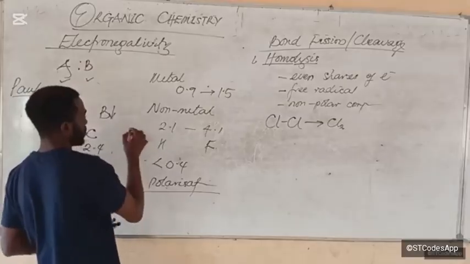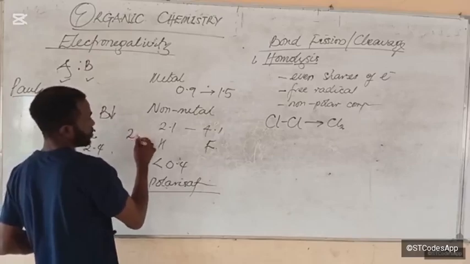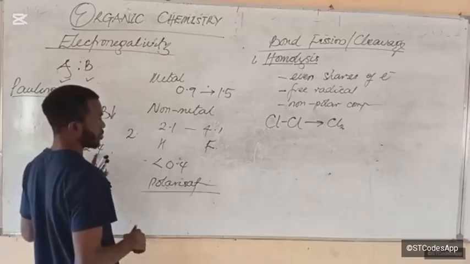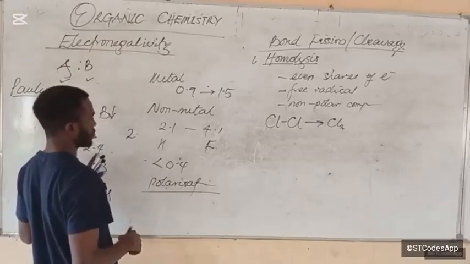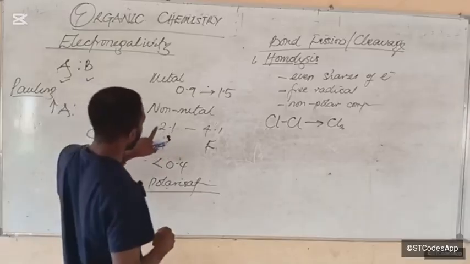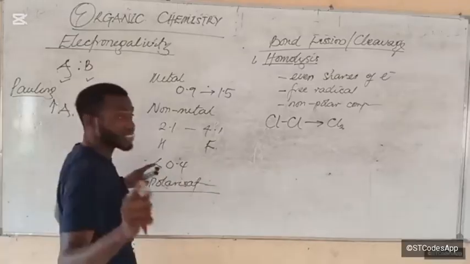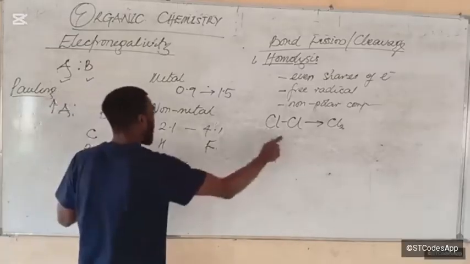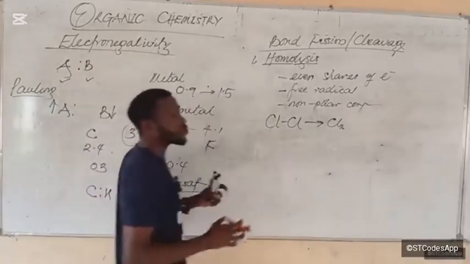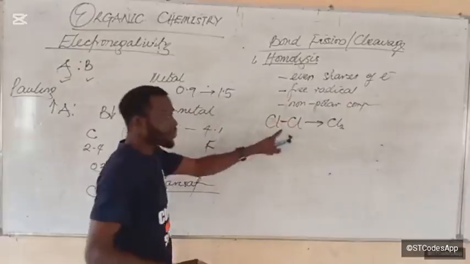Chlorine is higher than carbon, which is 2.4, so chlorine is about, let's just say 3, can't remember. Then oxygen is 3.5. My point is that both chlorine atoms have electronegativity values of, let's say, 3. So they will have equal pull on the electron, which means this bond is non-polar.